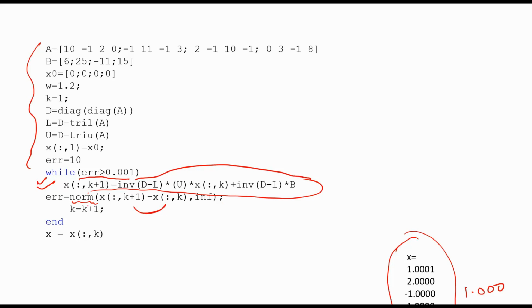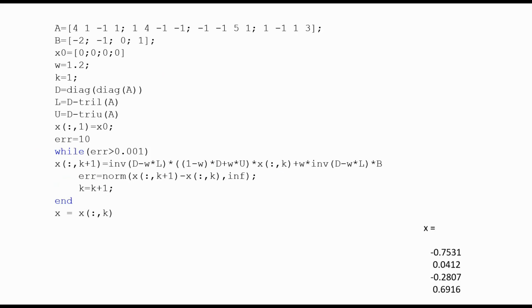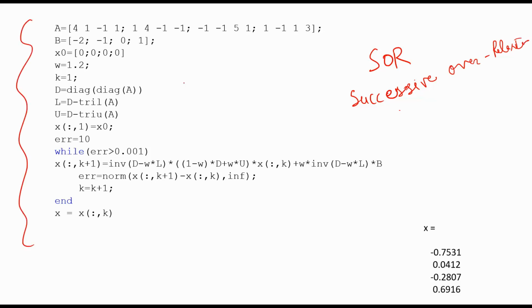Now there is another method, that is SOR, which is successive over relaxation. This method is mainly used to accelerate the convergence of the systems that are already convergent by the Gauss-Seidel technique. This is the coding for SOR, and here again you will see that there is a difference in only this line.